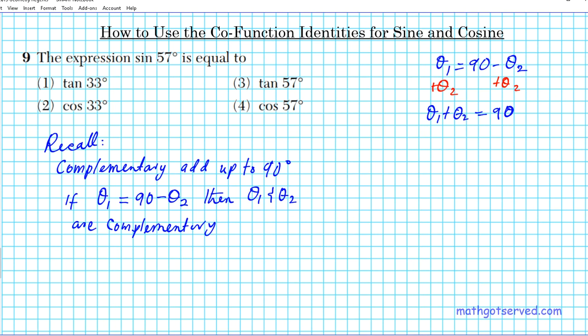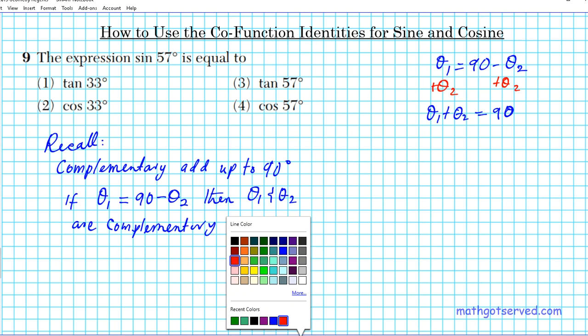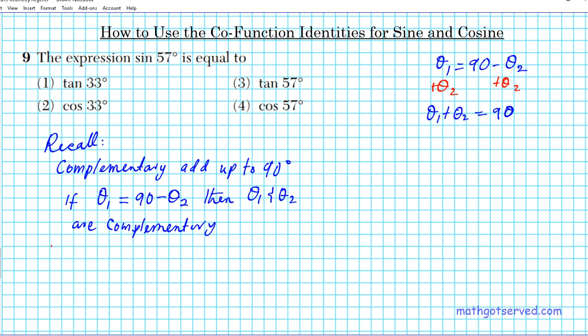Alright, so with that in mind, let's write out the formula. All you need to know to do this problem is the formula, okay? The formula for cofunctions for sine and cosine. Okay, so remember, cofunctions indicate complementary angles.